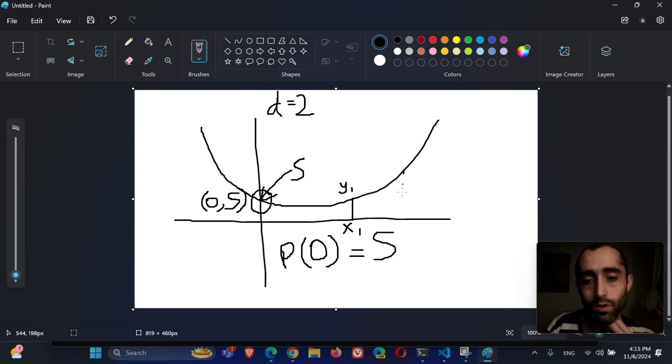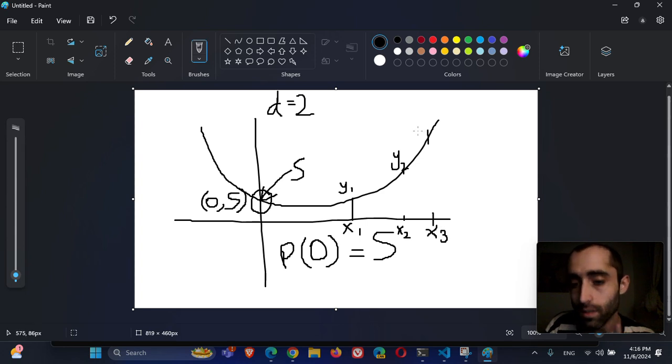Here I have another point, x2, with value y2. I need 3 points because this is a polynomial of degree 2, and I need 2 plus 1 points. Each point that I'm drawing is a share.